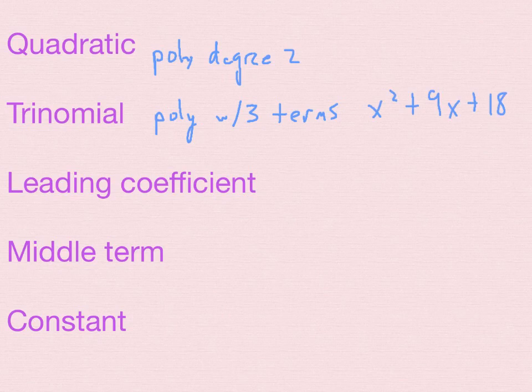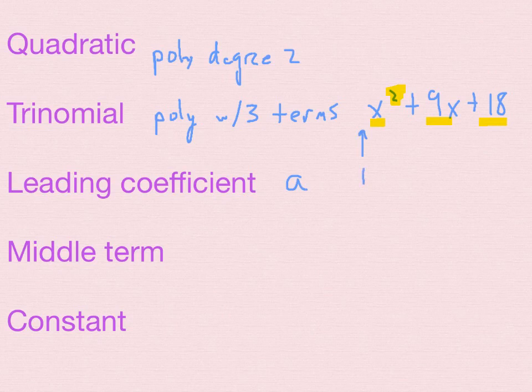Here's your degree of 2, and here are your 3 terms. A leading coefficient. The leading coefficient we're going to refer to as a. In the example above, our leading coefficient would be right here, and it would be a 1.